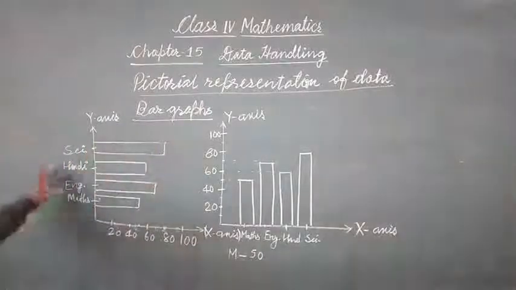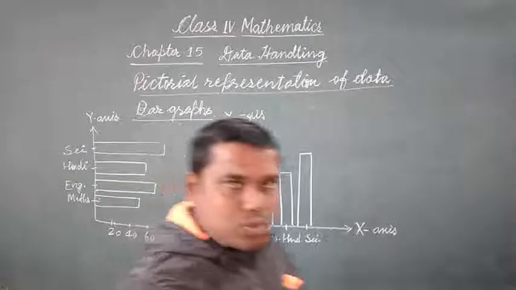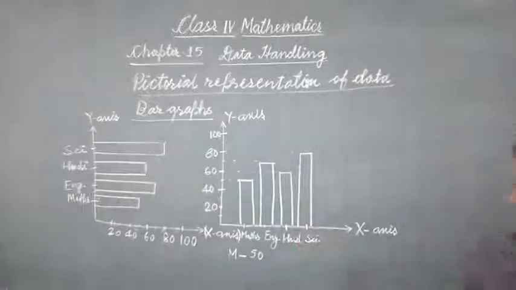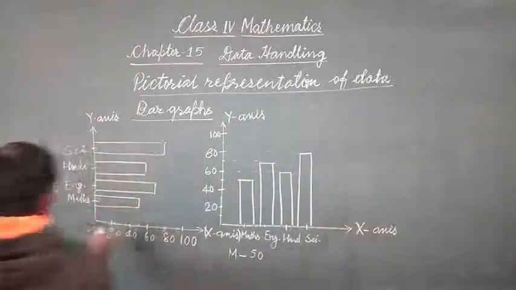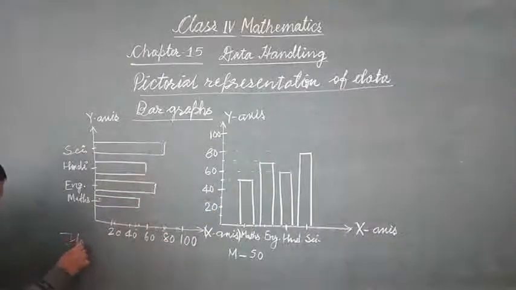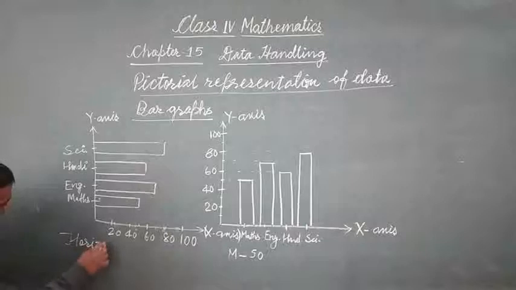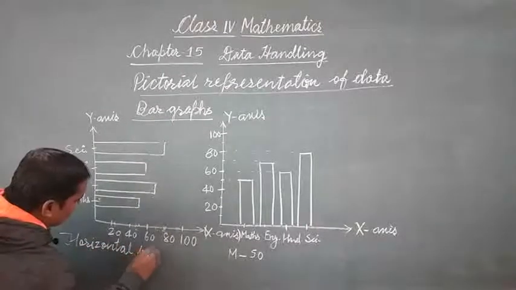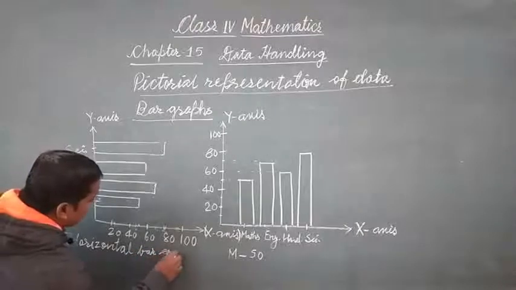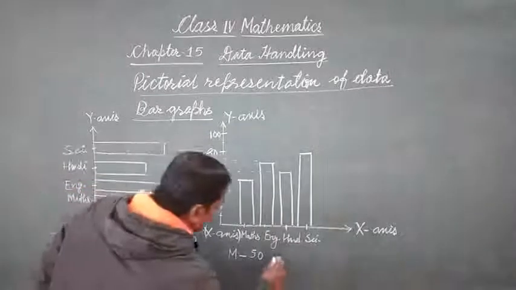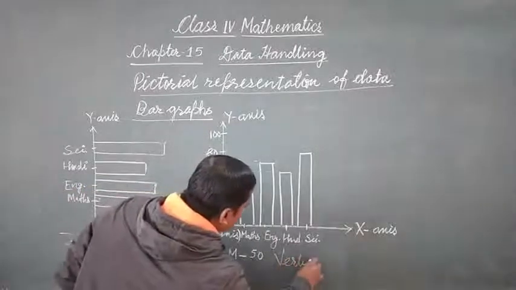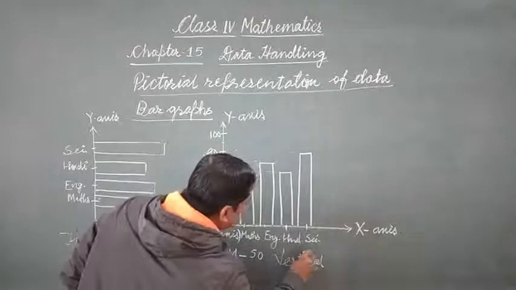So these are the two types of graphs that we can draw for the given data. The graph on this side is called a horizontal bar graph, and the graph on this side is called a vertical bar graph.